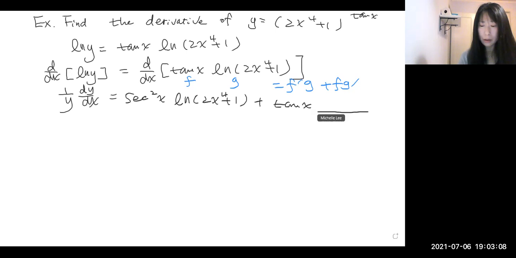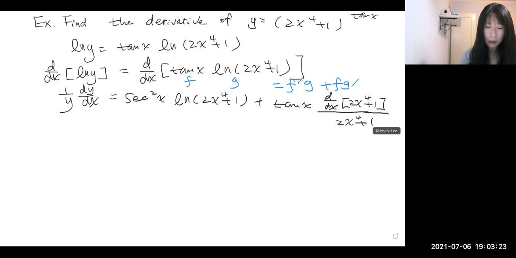Okay, that is the chain rule. It would be just 2x to the 4th power plus 1, right? Okay, so let us simplify. Let us multiply the whole thing by y.